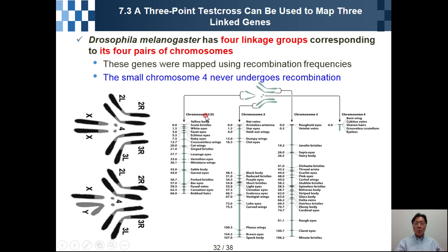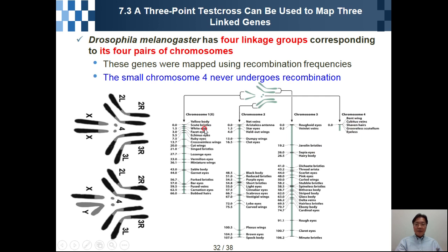In chromosome 1, there are several genes located, and they are linked to each other. Chromosome 2 also has several genes, and chromosome 3 also has several genes, and chromosome 4 is very small. But even though it is very small, there are several genes located in chromosome 4.